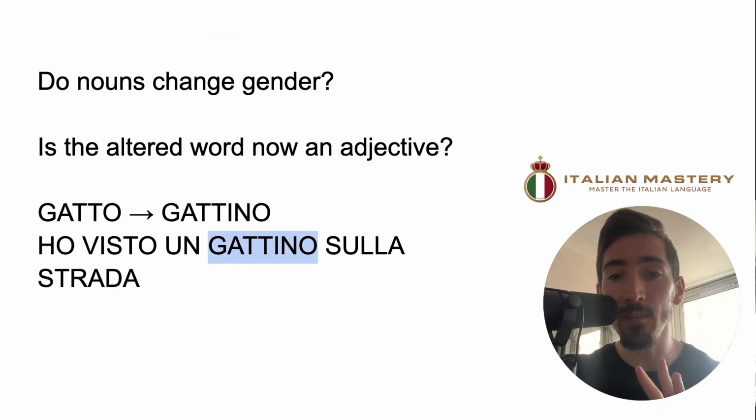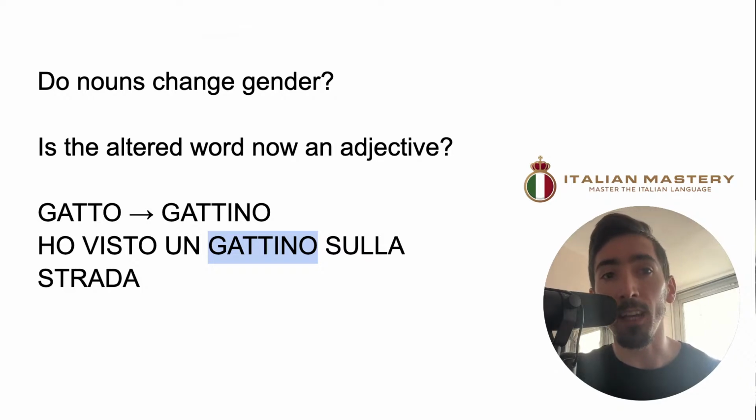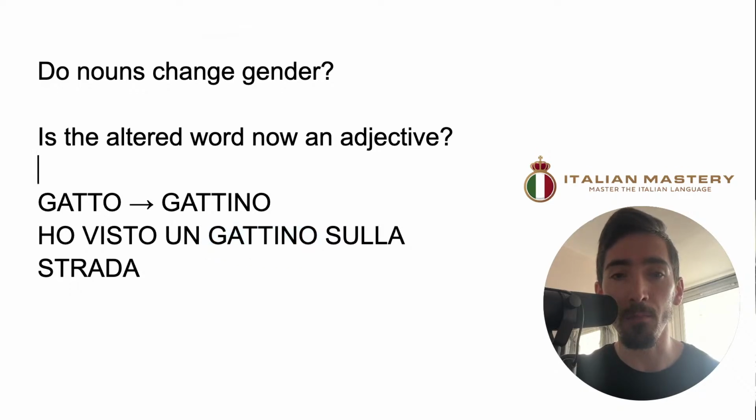It stays a noun. It's just an altered noun. So the person listening or the person reading the text gets the impression that the cat in question is possibly small or young, depending on the context, of course. But yeah, not a big cat. So it stays a noun, absolutely, 100%.